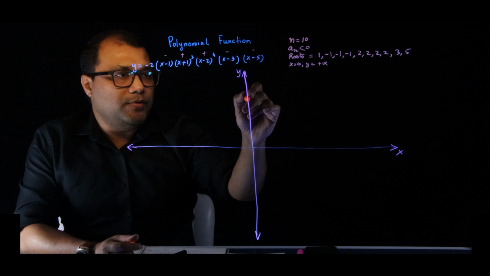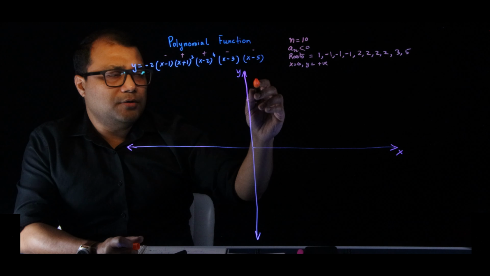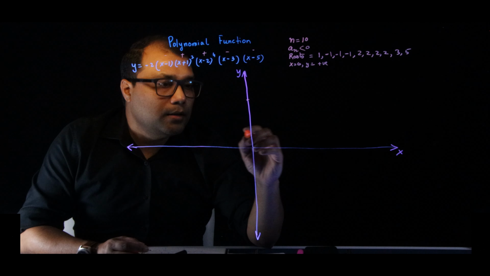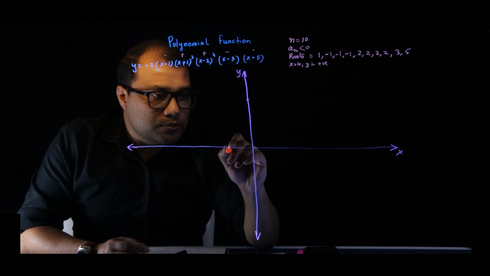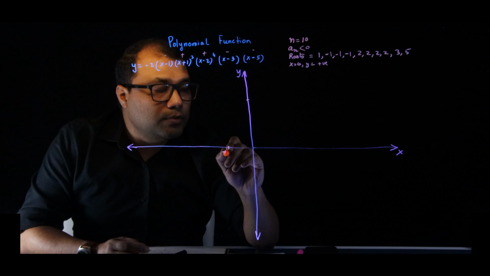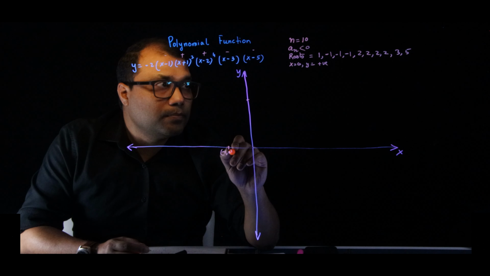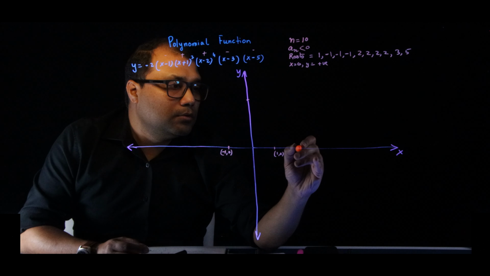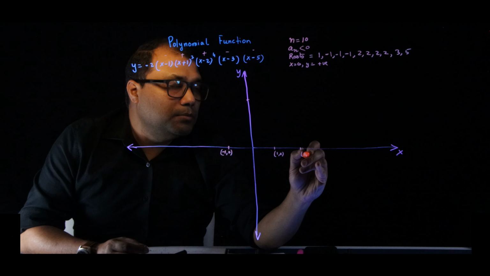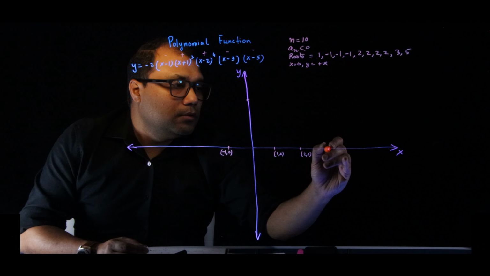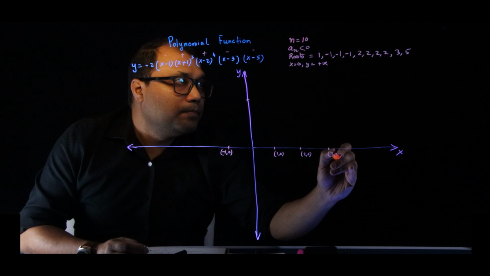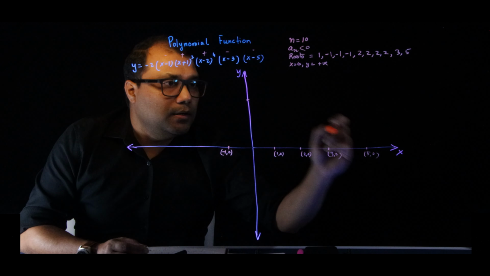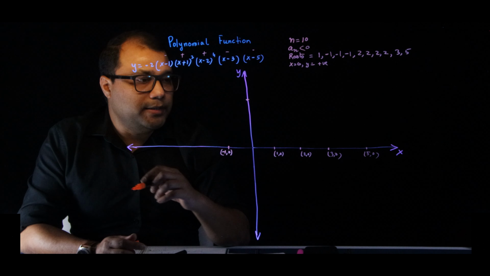So it will pass somewhere here. I did not purposefully calculate the number in there, but that's okay. So let's plot those: minus 1 comma 0, we have 1 comma 0, 2 comma 0, 3 comma 0, and 5 comma 0. And it passes through some point here.